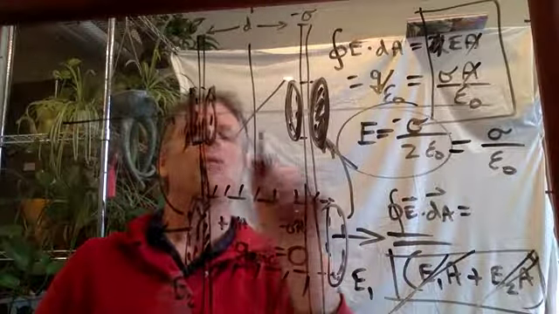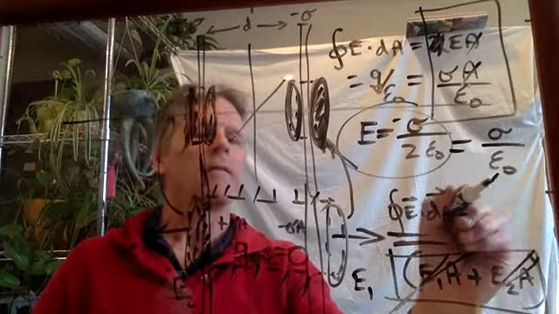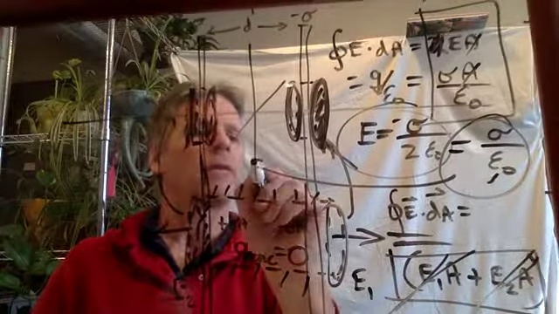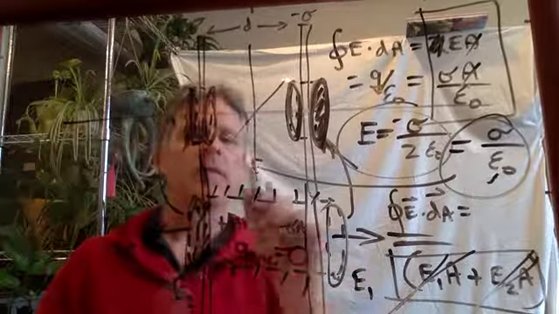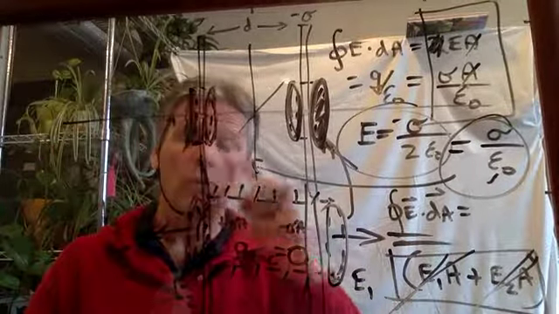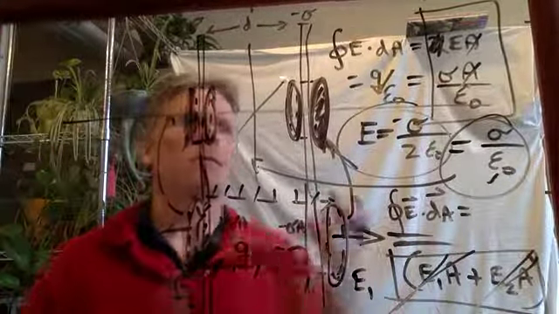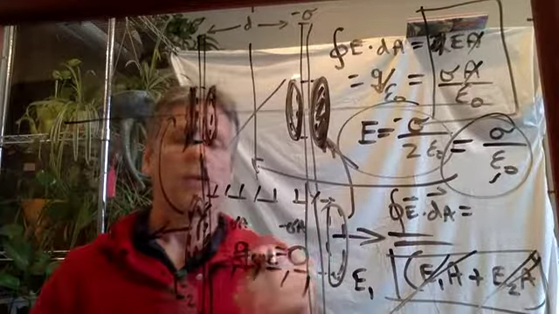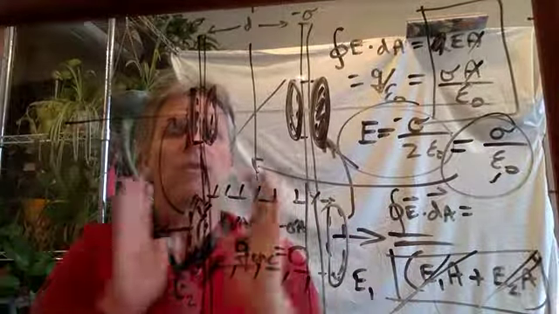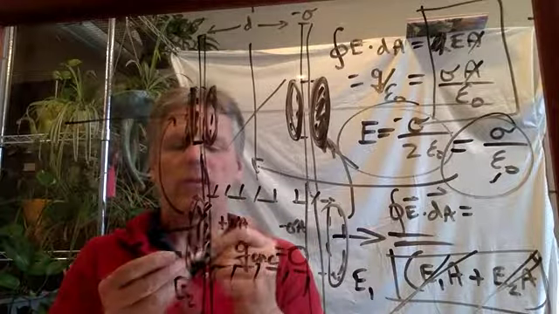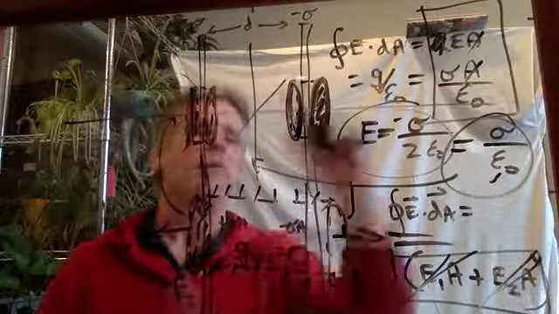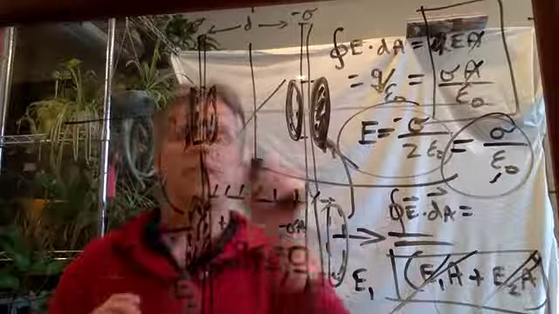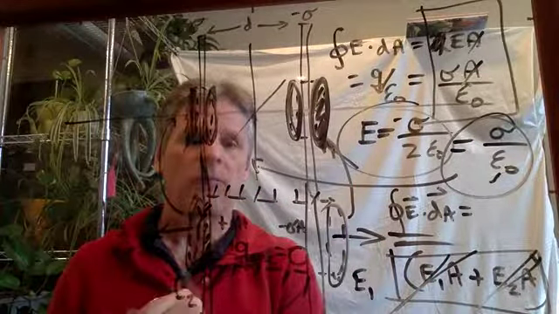Therefore, the field inside is sigma over epsilon 0. So we've now proven what you guys kind of worked out a little bit during the test.